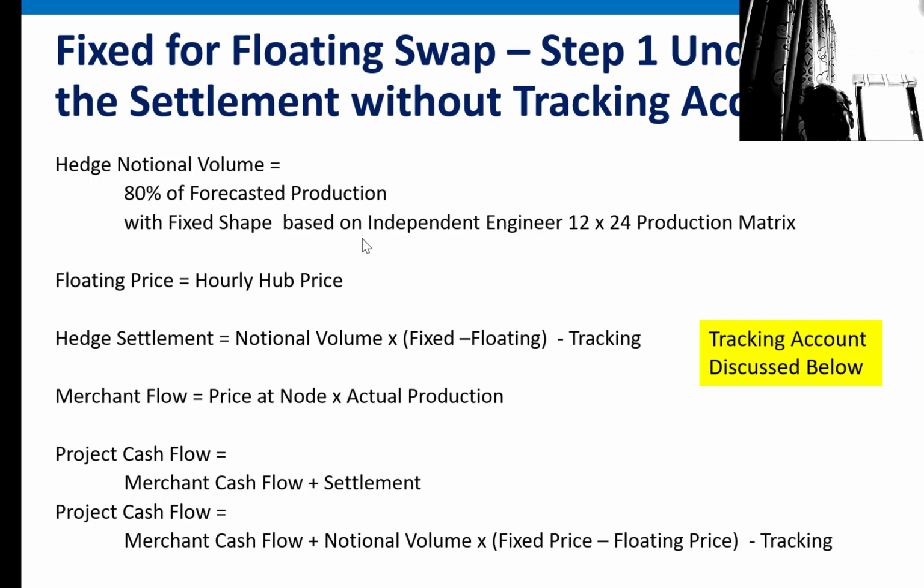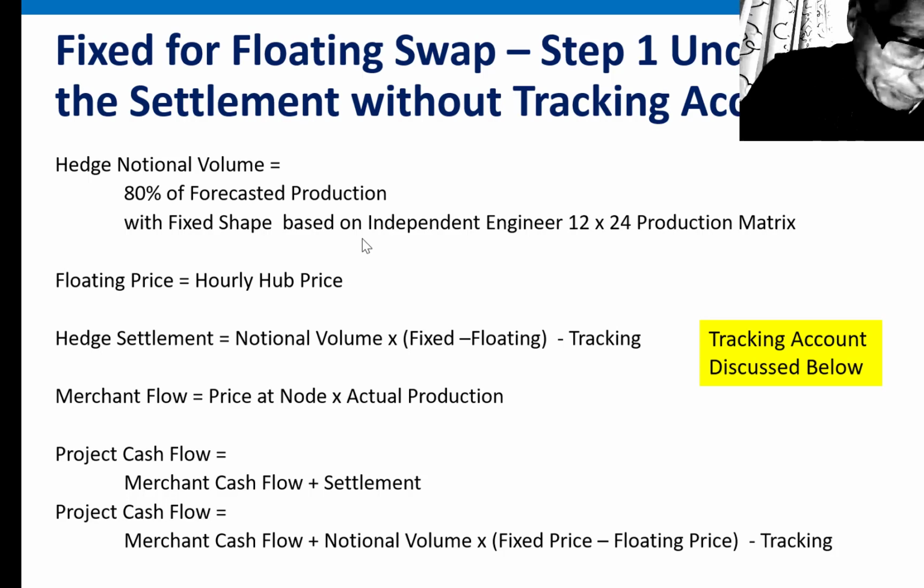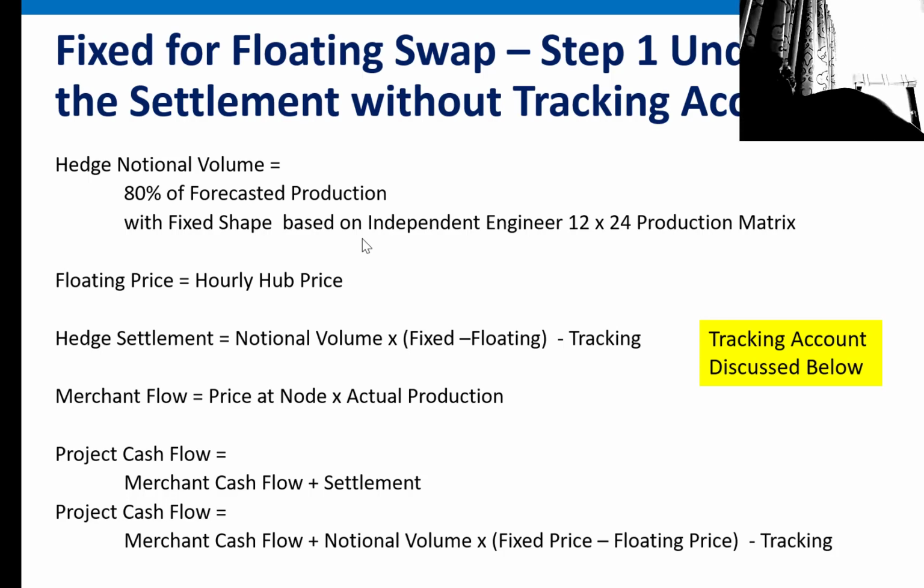And how would you go through this? The way we're going to do this is make a hypothetical transaction in Denmark where we can get wind data and see how it really works. And ultimately, when the developer gets the cash flow, it gets the merchant cash flow, and then the settlement.